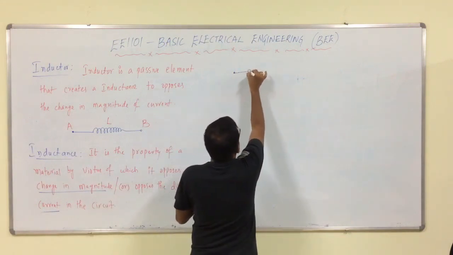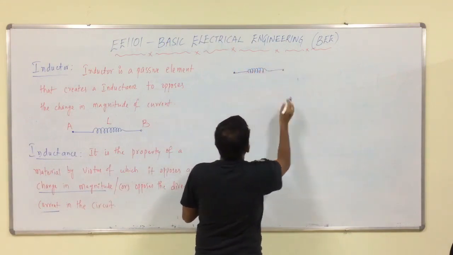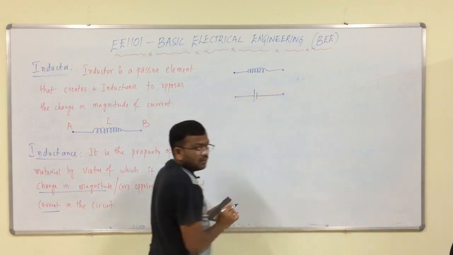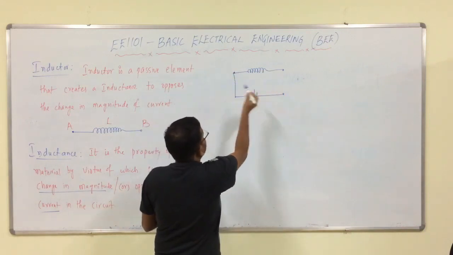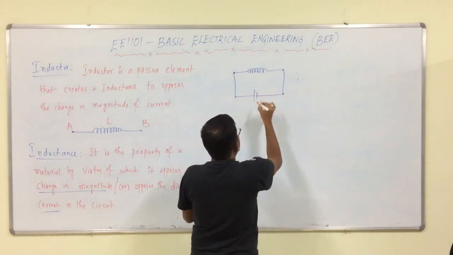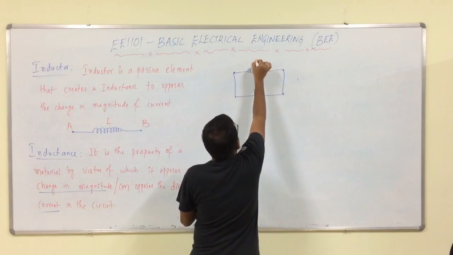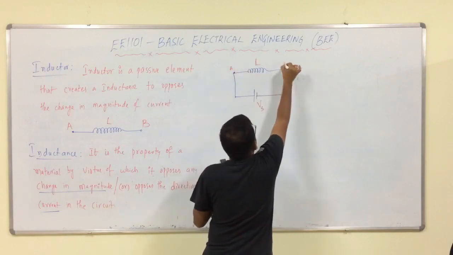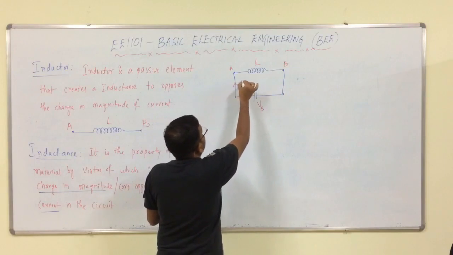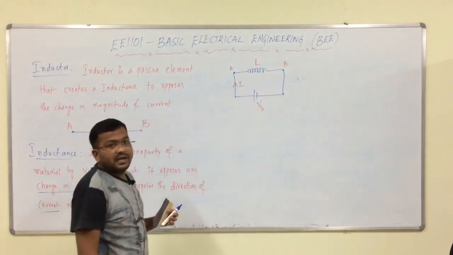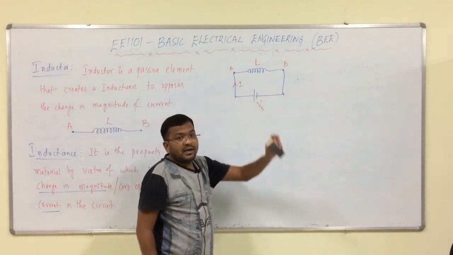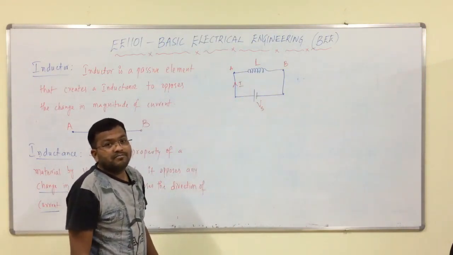I have an inductor, and I have a supply voltage, meaning we are simply connecting these two terminals to the supply voltage. This is L, this is A, this is B. Because of this there is a steady state current, and because of this current we have created a steady magnetic field.